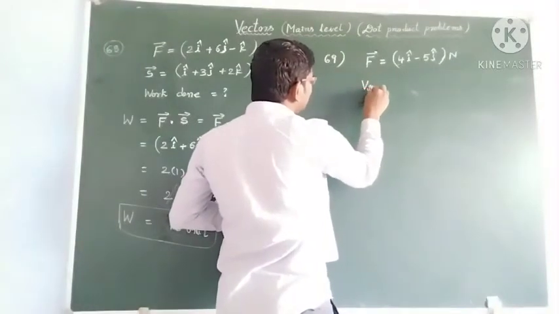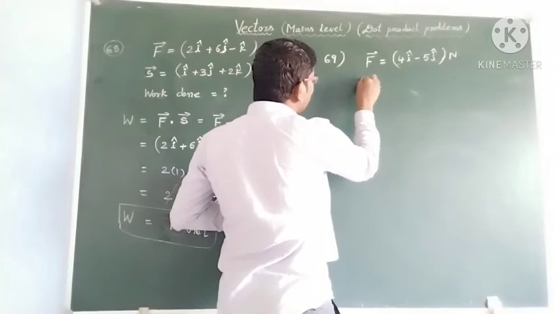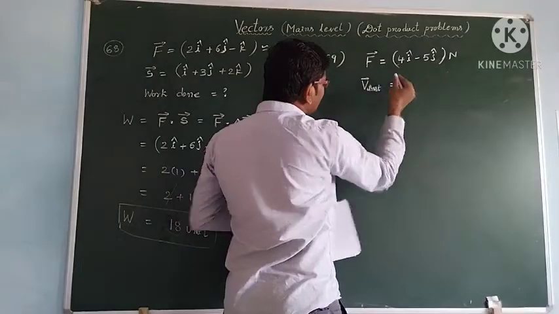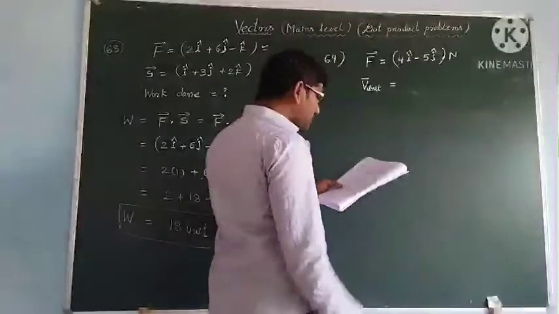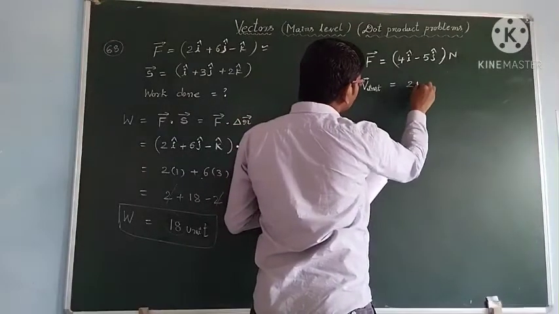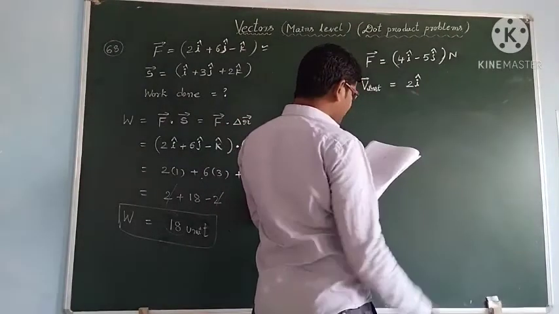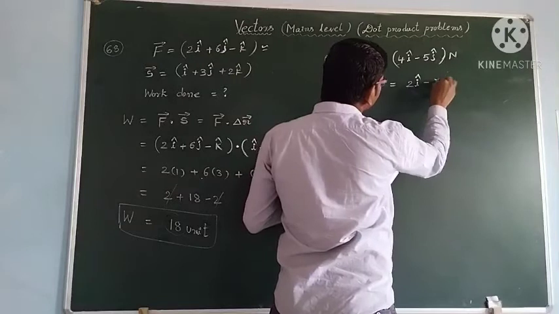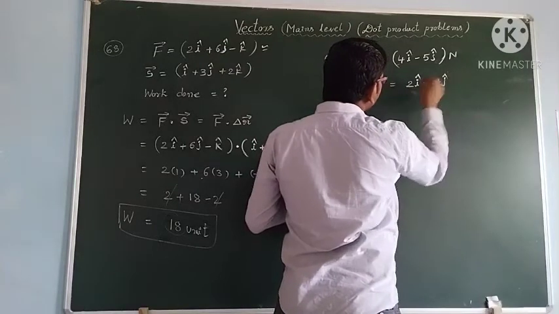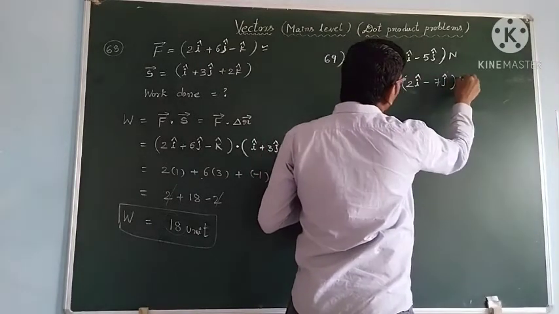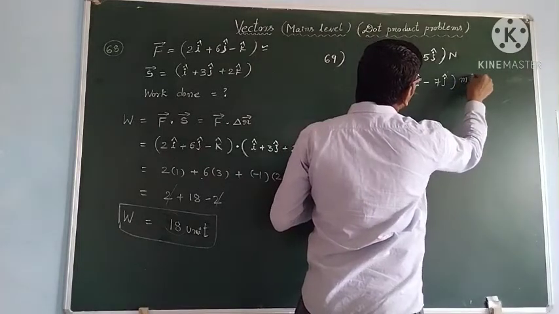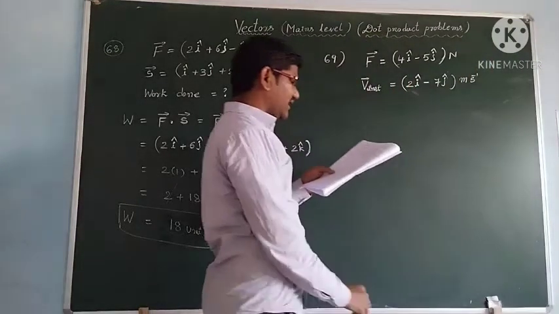So the instantaneous velocity is given: 2i cap minus 7j cap meter second power minus 1. That is the velocity given.